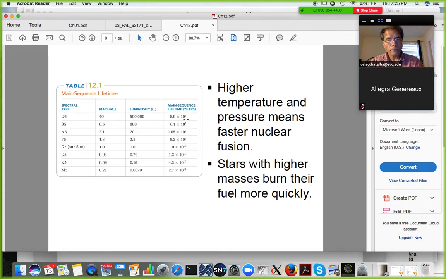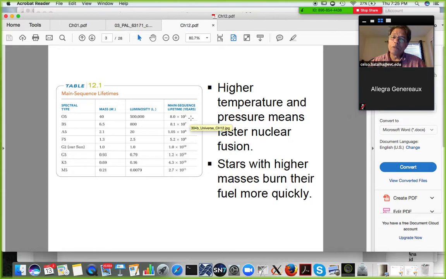And when they calculate this time, it allows us to infer the age of a star, how long a star will exist in our universe as a main sequence star, as a normal star. These calculations show that an O star, which is big, luminous, and very massive, 40 times the mass of the sun, will behave as a main sequence star for as much as 800,000 years.